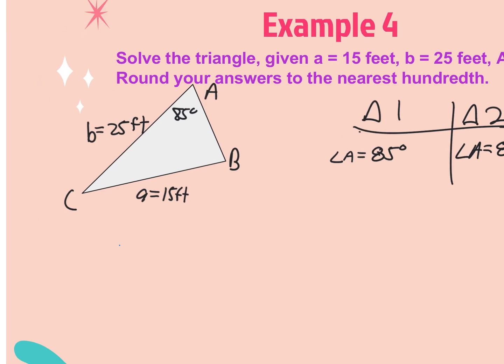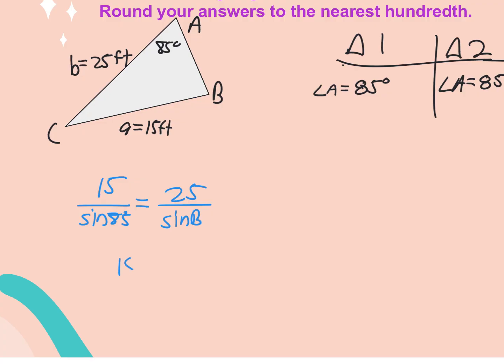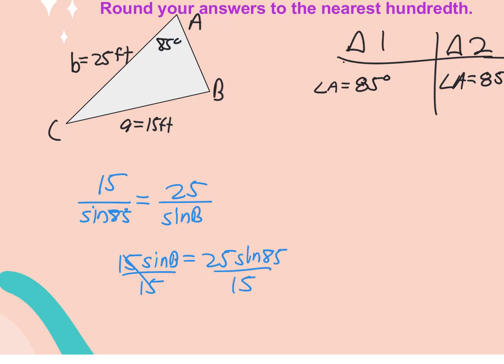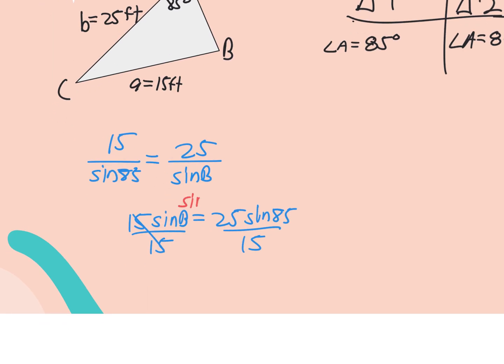Let's do A over sine A, so 15 over sine of 85 equals B over sine B, so 25 over sine of B. As always, we can cross multiply, so this is going to be 15 times sine of B equals 25 times sine of 85. Divide both sides by 15. And then we can do sine inverse to get that B by itself, right? Because this gets us sine of B, not just the angle B. So we have to do sine inverse. Try that, see what you get.